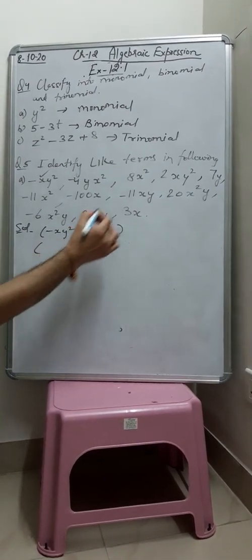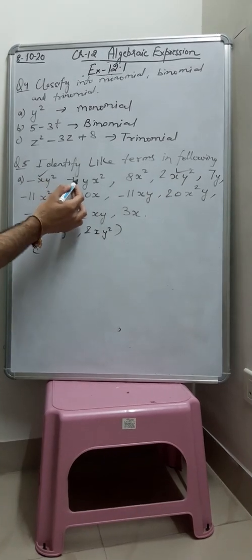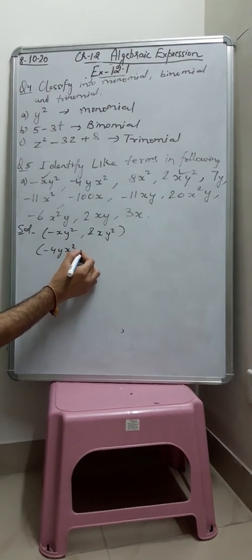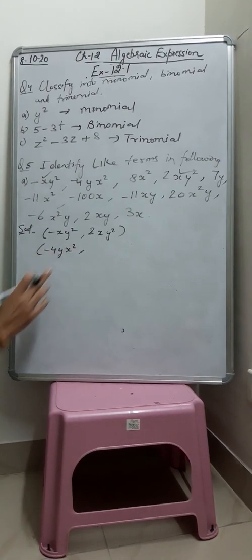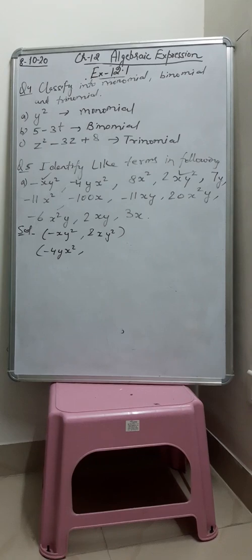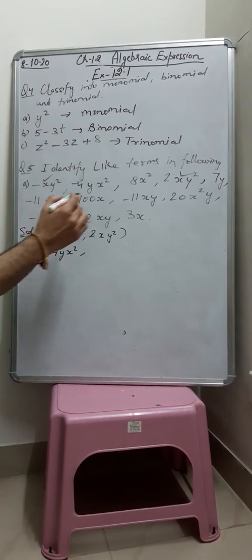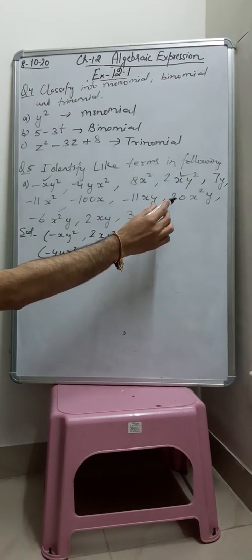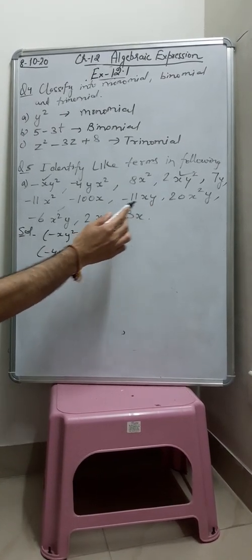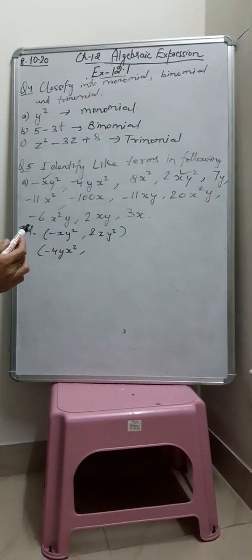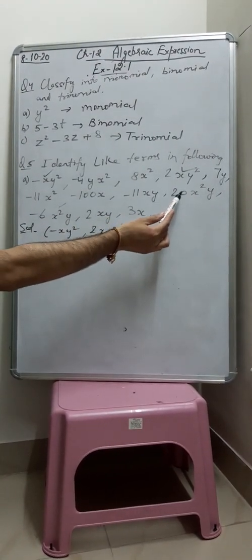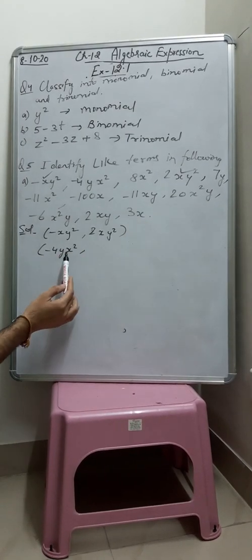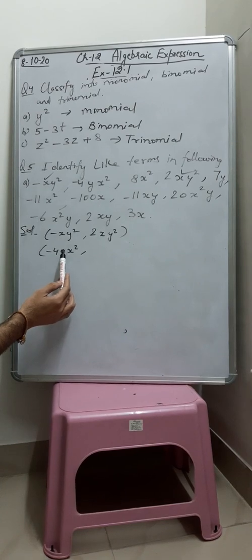Next, this is over. So now we are going to take the next, that is minus 4yx square. We have to find out which one has yx square. Here they have only changed the order: here it is x square y, and here it is yx square.